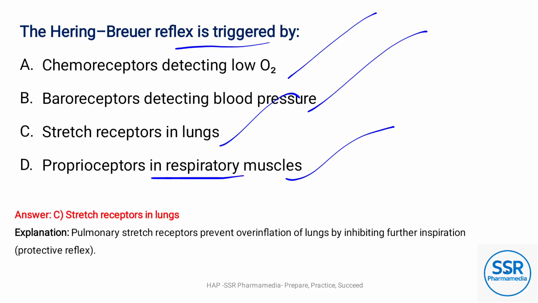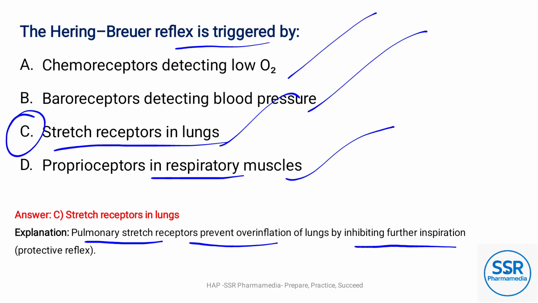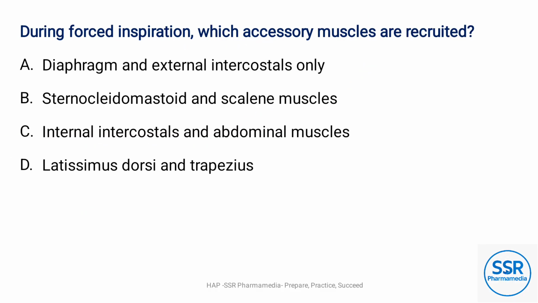So option C is the answer. Stretch receptors in lungs: the pulmonary stretch receptors prevent overinflation of lungs by inhibiting further inspiration. That means it is a protective reflex.